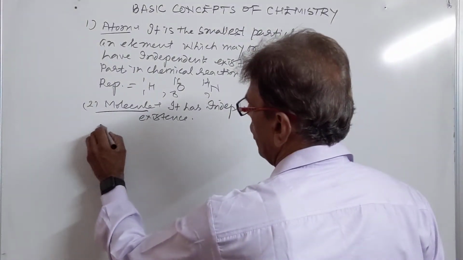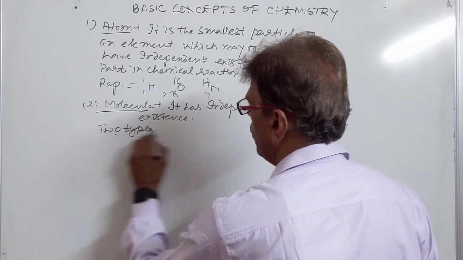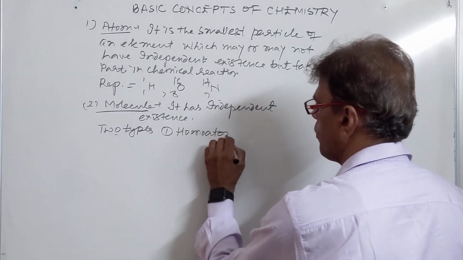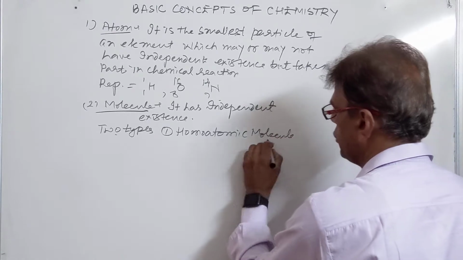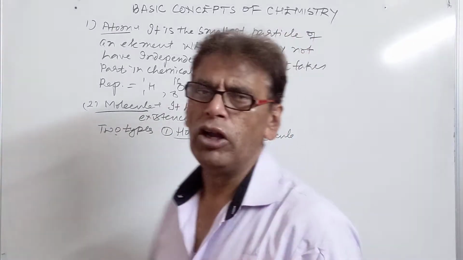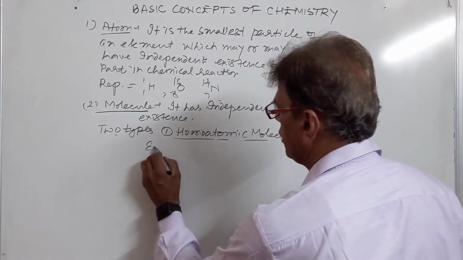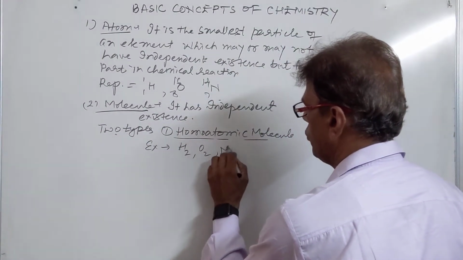Then molecules are of two types. Number one is homoatomic molecules. As the name indicates, homo means similar. The molecules which are made of atoms of the same element, examples are H2, O2, N2 and so on.